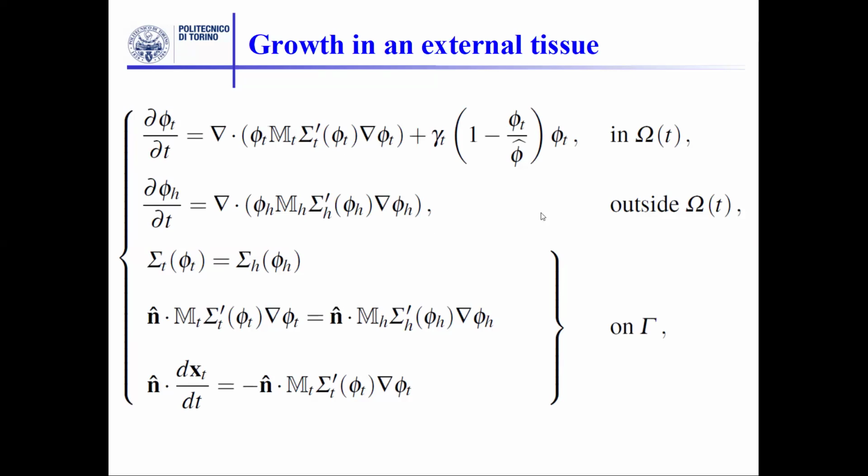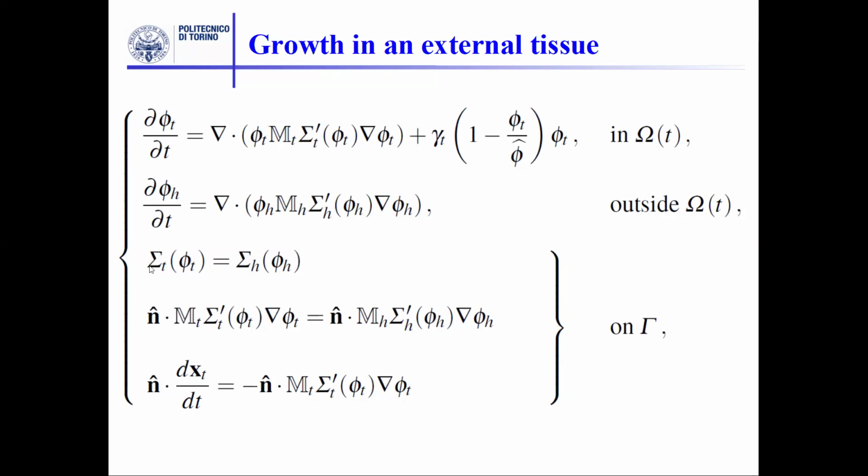So at this point, you have a tumor inside. Omega T is the domain of the tumor, and a tissue outside, and you have to give some interface conditions. The natural interface conditions to pose are the continuity of stresses, in the sense that the two tissues exchange forces.